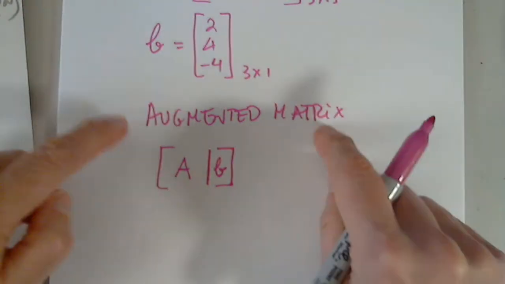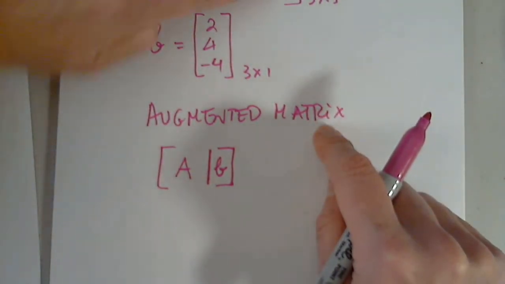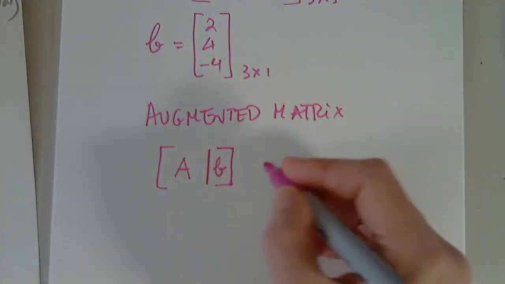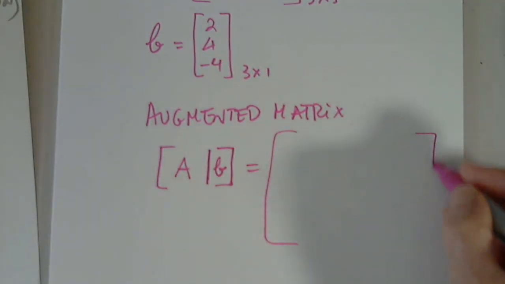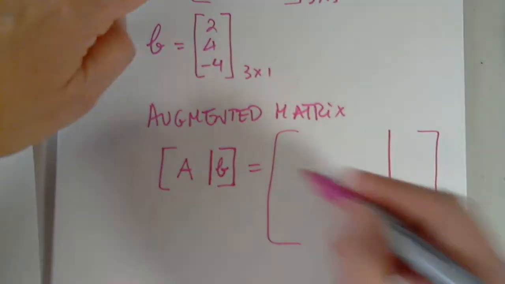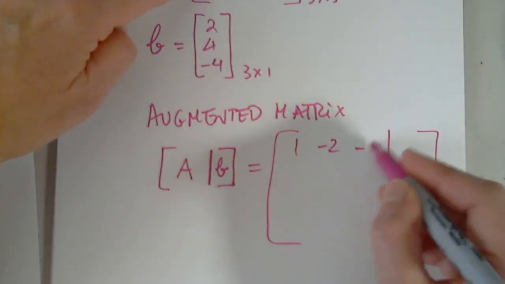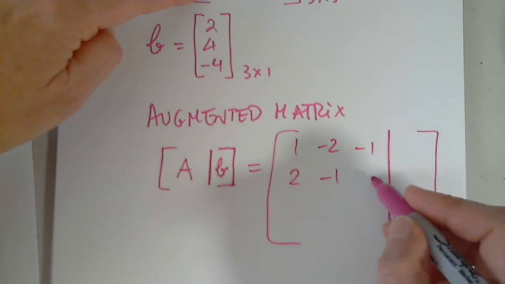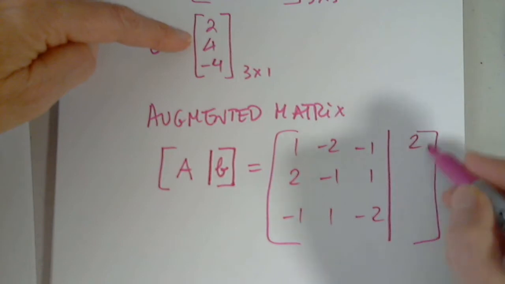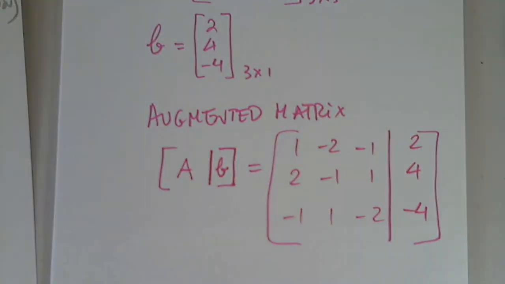Okay, so it's also a matrix, and this side is this matrix, and this side is this matrix. How does it look? I just copy. 1, negative 2, negative 1, 2, negative 1, 1, negative 1, 1, negative 2, 2, 4, negative 4.